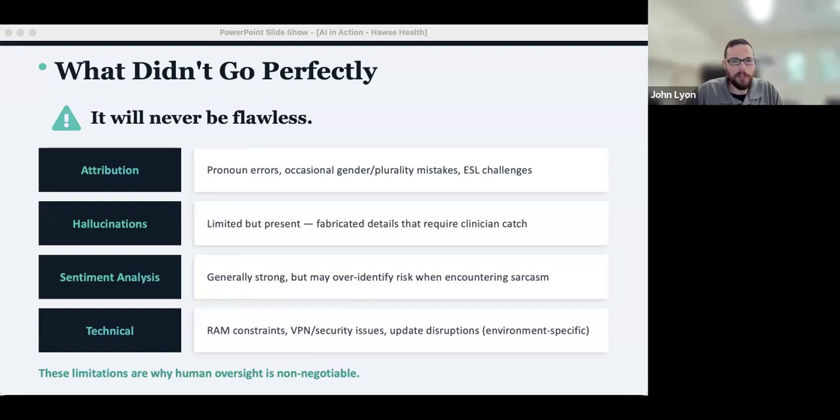I know one of the big things that happens is if you're talking with a patient and they're describing an issue that they're having with their family, and the family member that they're talking about is exhibiting various problems, occasionally it will identify those problems as being the patient's, not their family member's.